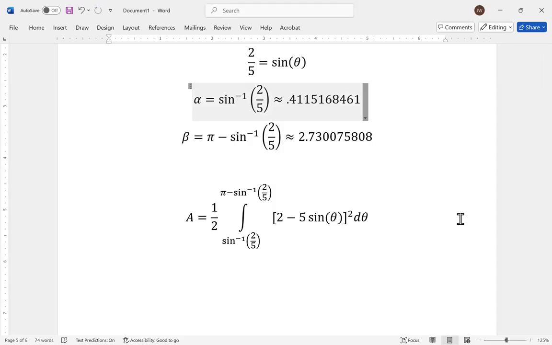I haven't done that yet, so let me do that. All right, now I've typed it in and I got an approximate value of about 5.38.